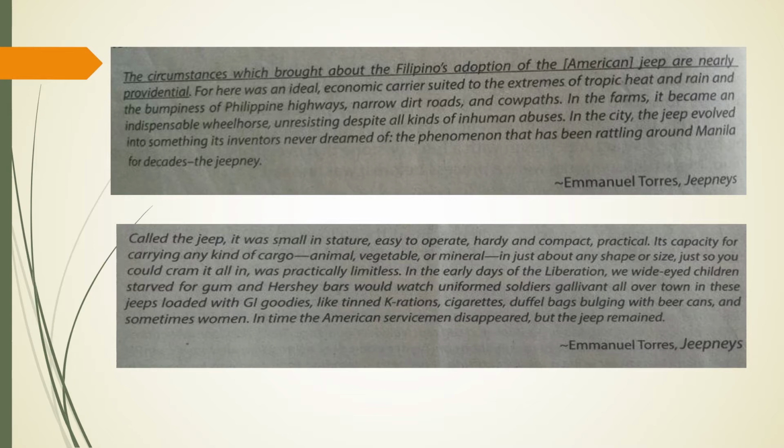The reader will be able to determine the focus of the paragraph because all of the details as seen on the second paragraph are linked by an organizing theme. In the case of the given example, the implied topic sentence is how the American servicemen used the jeep for carrying cargo.